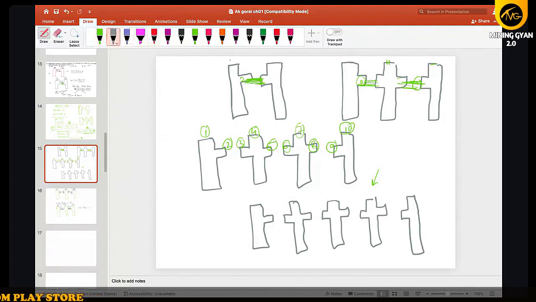And now calculate. So 1, 2 and 3 minimum phases. For this, 1, 2, 3, 4 and 5.